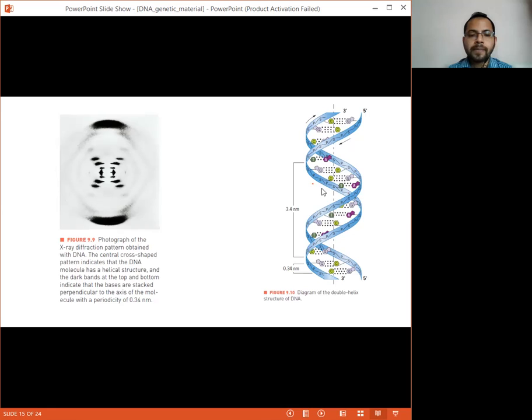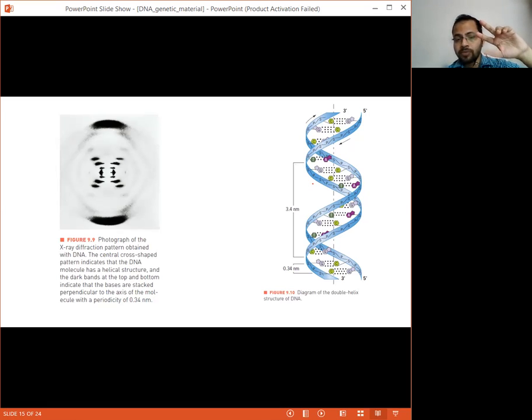Interestingly, if you try to identify how many base pairs there are within one turn, you will find that there are 10 base pairs in one turn, spanning a region of 3.4 nanometers. And you can calculate what the difference will be between 2 such base pairs.